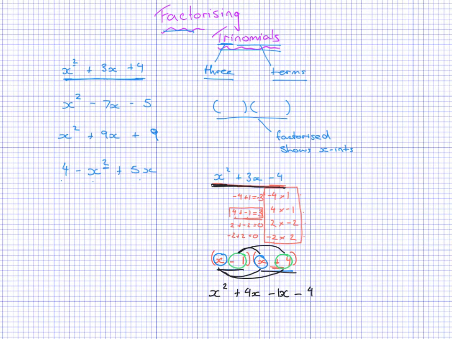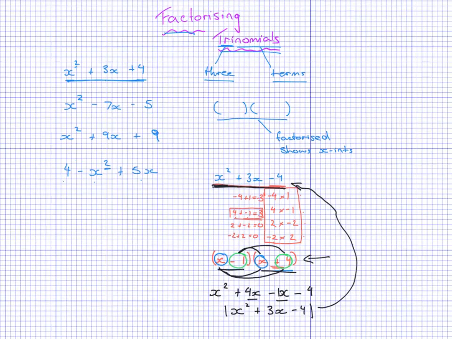You can see that these 2 terms in the middle are like terms, and we can combine them. So x squared plus 3x minus 4 is what I began with. The reason I expanded out these 2 sets of brackets is to show you that whatever you end with should always be the same as what you started with while you were factorising.